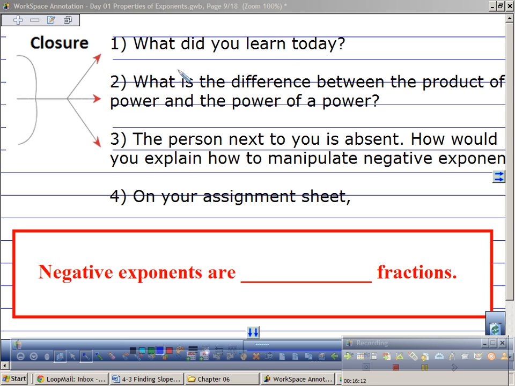Thank you. What is the difference between the product of a power and the power of a power? Justin? Adding. Power of a power is multiplying. Product of a power is adding. Good. The person next to you is absent. How would you explain how to manipulate negative exponents?